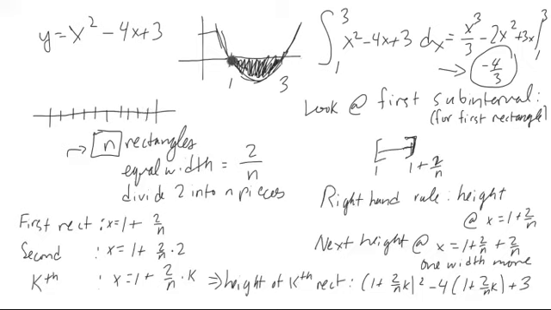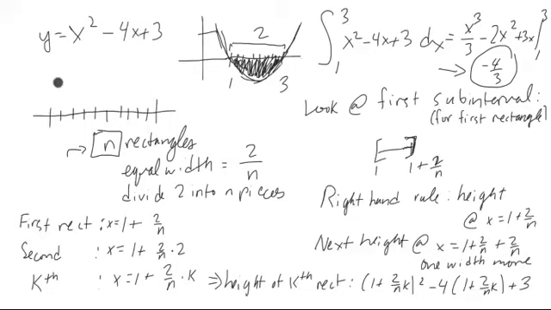So we're going to have n rectangles, or n subintervals, and each has an equal length or an equal width. The equal width, what is it? Well, you're taking a length of 2, and dividing it into n pieces. What are you left with? 2 over n is what you're left with. That's the width of each one of these.